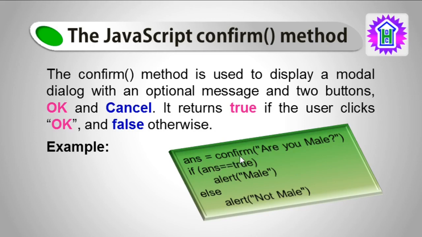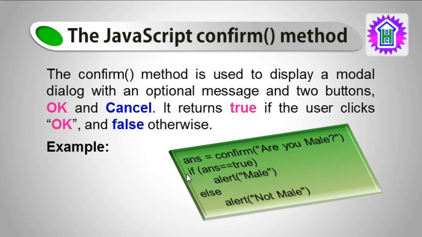Then I put the confirm method, and inside that a question is asked, are you male? And this confirm box will display OK and cancel as the two buttons. If the user clicks on OK, then it will be true as the return value, and if the user clicks on cancel, it will be false as the return value.